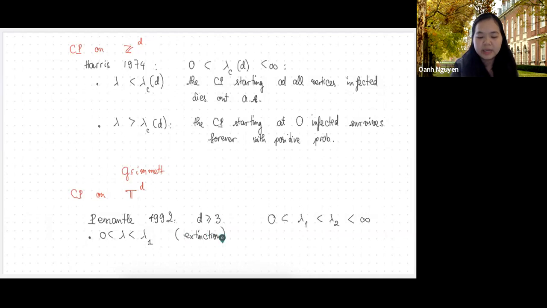That is, the contact process starting at the root infected dies out almost surely.